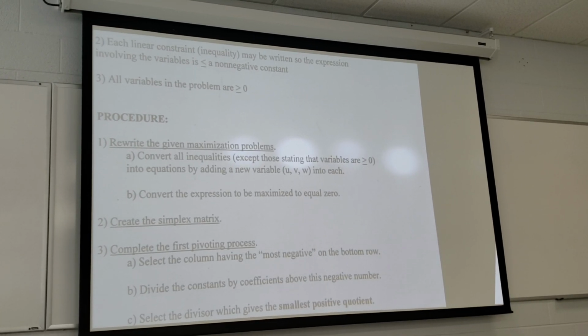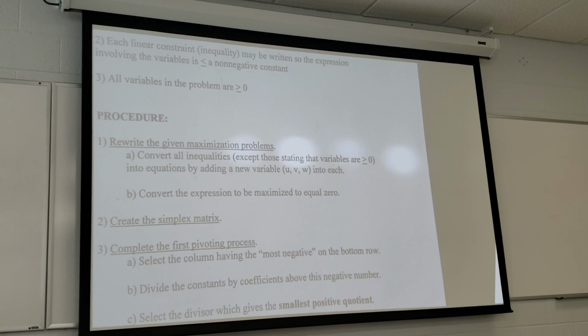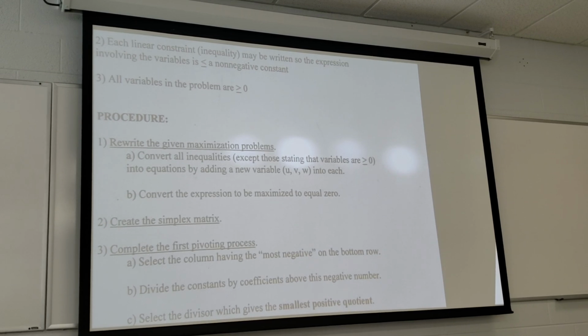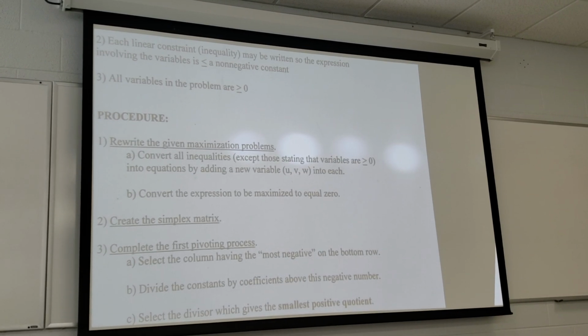And all the variables, x, y, z, have to be greater than or equal to 0. The non-negative constraint has to hold. So the objective function you are maximizing, all the inequalities are less than or equal to, and the non-negatives are greater than or equal to. Those are the requirements for a standard maximization problem.